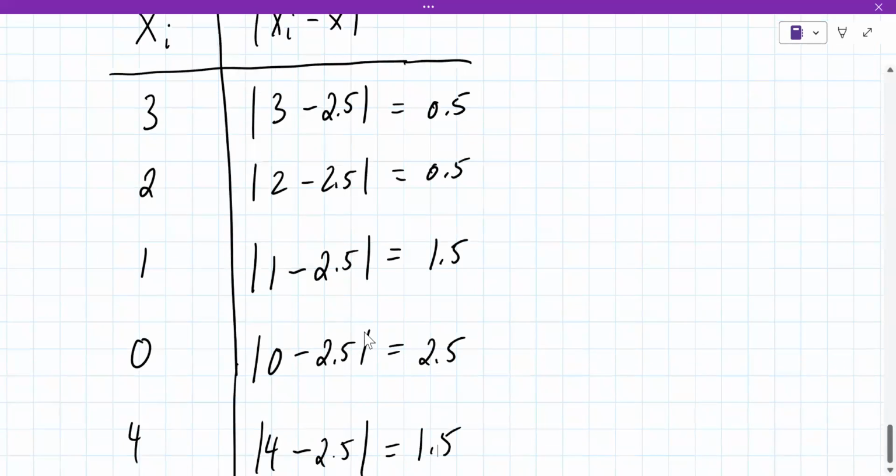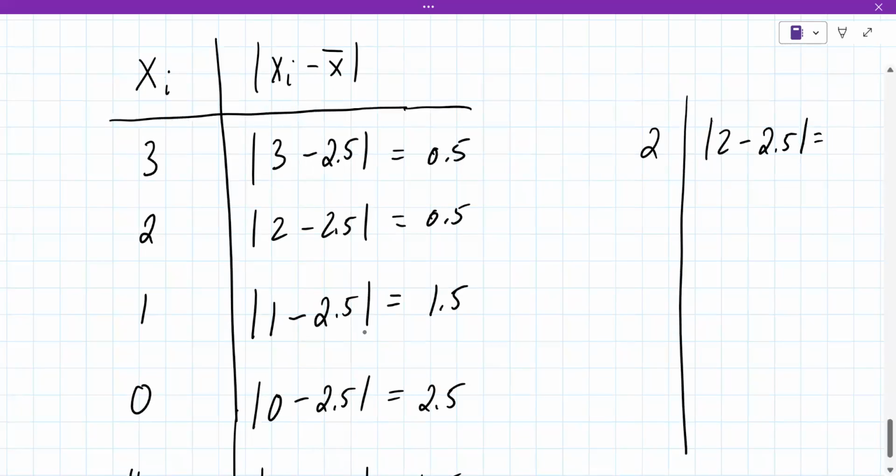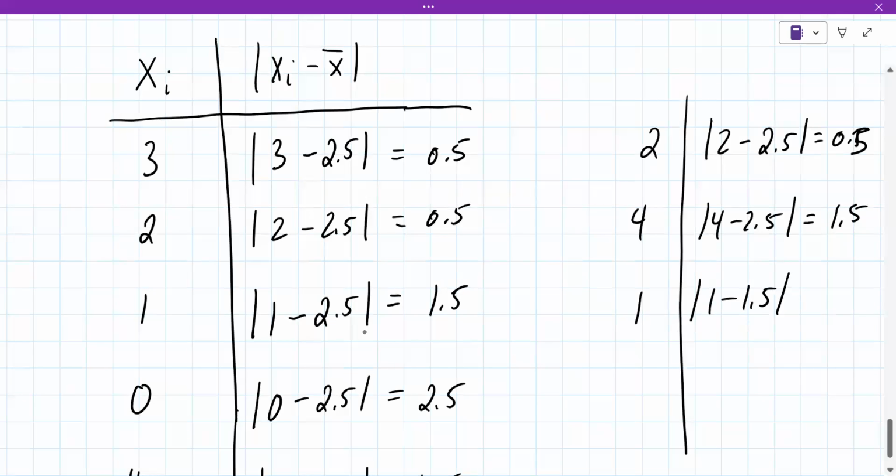And then we just keep going. 2 minus 2.5 is 0.5. 4 minus 2.5 is 1.5. 1 minus 1.5, absolute value, equals 0.5.